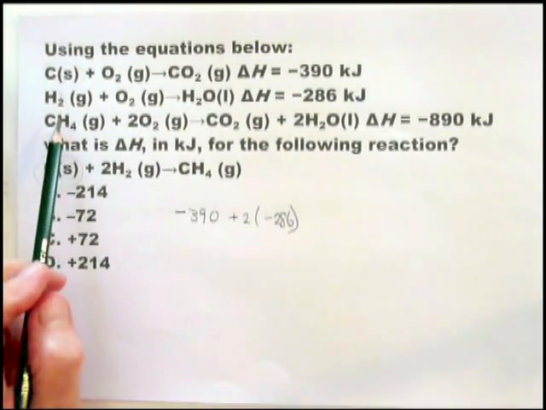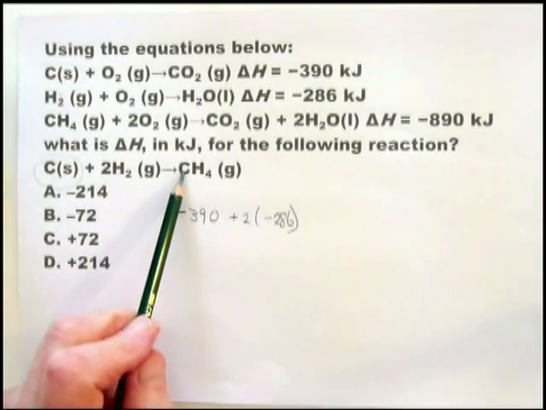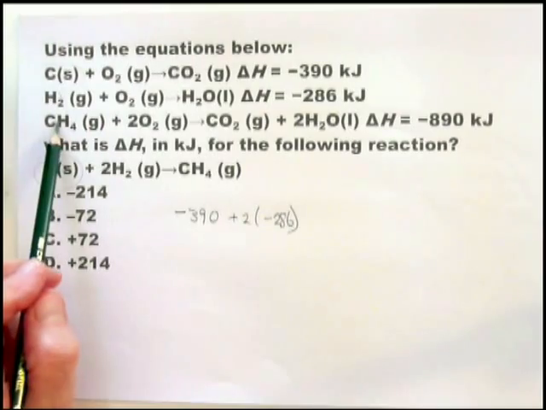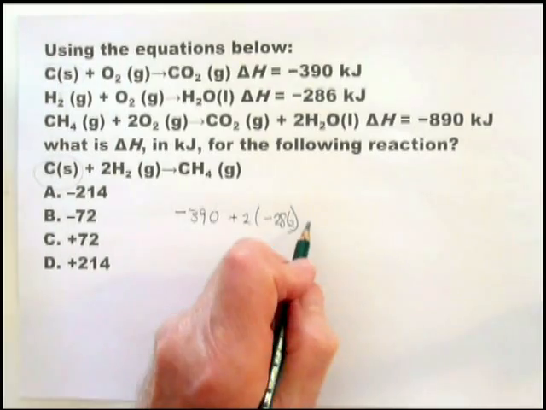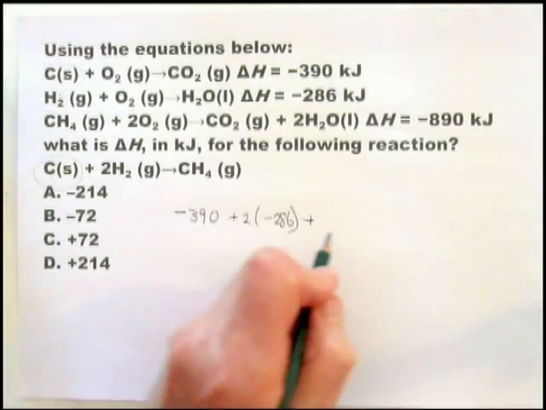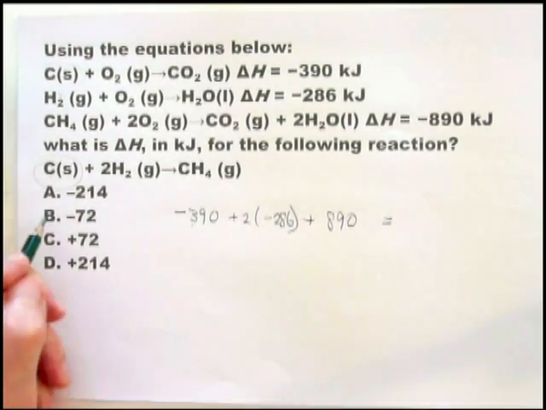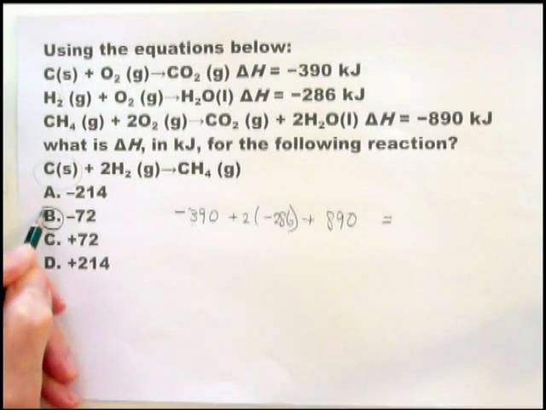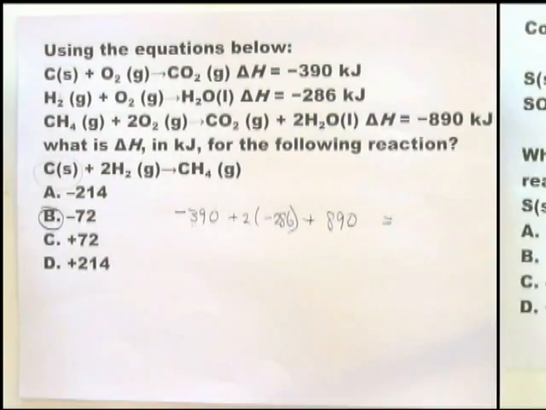Now, this one has the CH on that side, but on there, it has it on the opposite side. So whatever is the sign of this reaction, I will reverse it. So I add the opposite sign, 890. It's going to be this, B, minus 72. Okay.